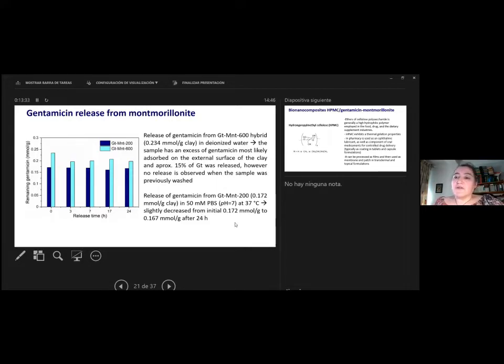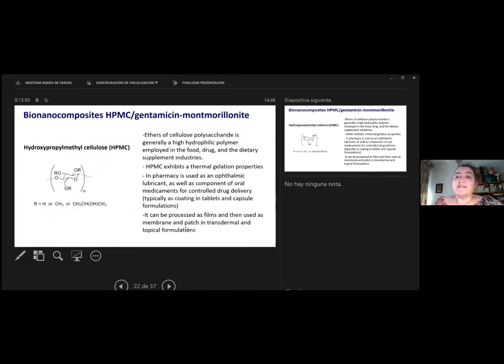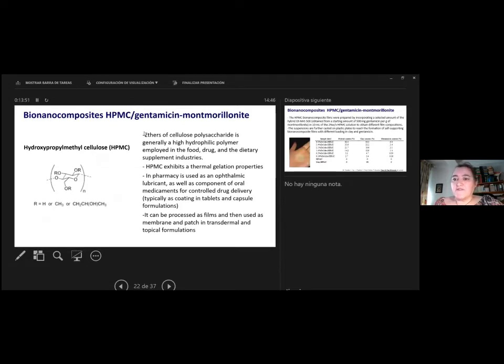This desorption could be promoted when we have other components in the medium, like PBS, at typical, very low PBS concentration, pH 7. It's possible to have a certain release of the antibiotic, which is good for the application. Because we want to immobilize this in the hydroxypropyl methylcellulose, we also tried putting it in water for the preparation.